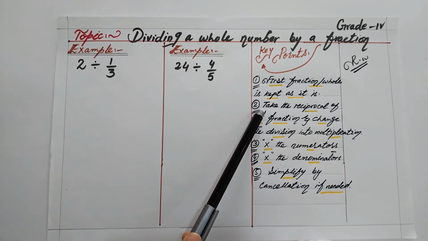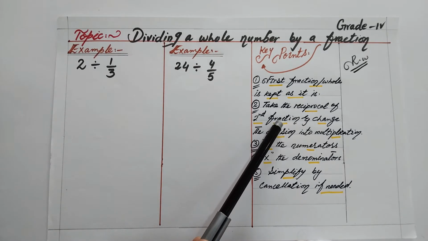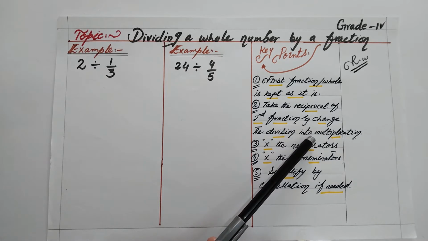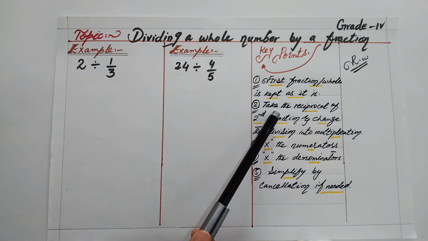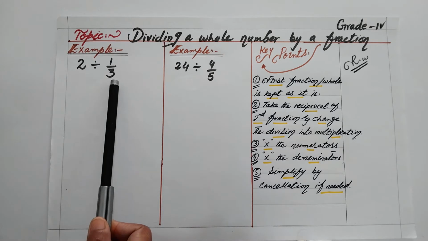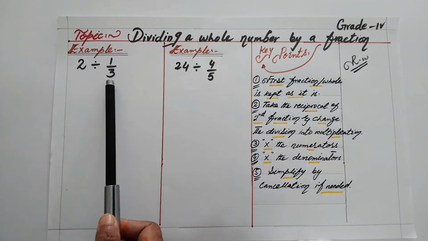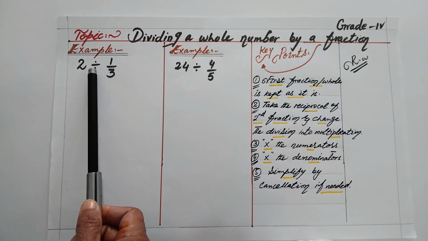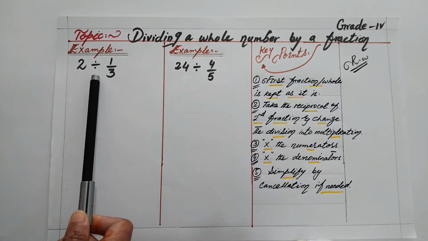Second, take the reciprocal of the second fraction and change the division into multiplication. Along with this step, you will take the reciprocal of the second fraction as well as change the division sign into multiplication.